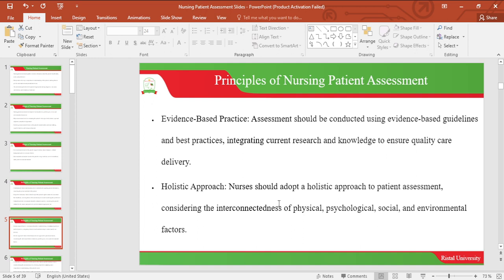The other principle is evidence-based practice. Assessment should be conducted using evidence-based guidelines and best practices, integrating the current research and knowledge to ensure quality delivery.